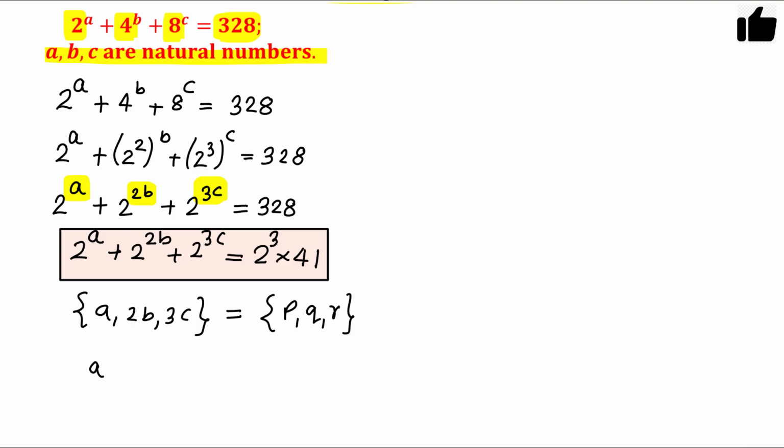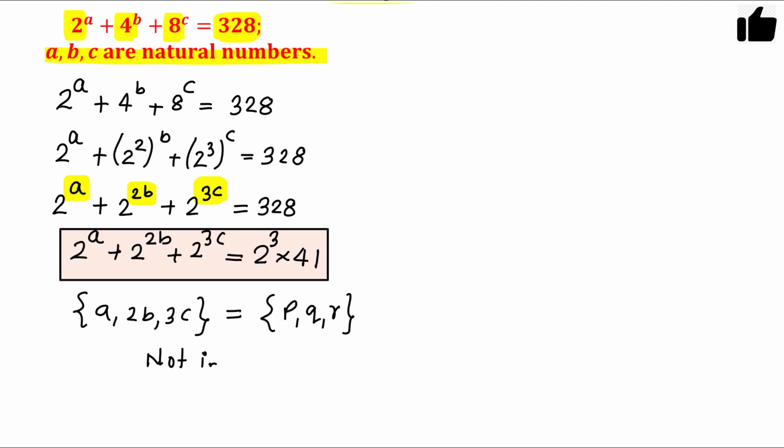So a is not necessarily equal to p. a can be p, q, or r. Similarly 2b can be p, q, r. It may or may not be equal to p, but this is not in order.